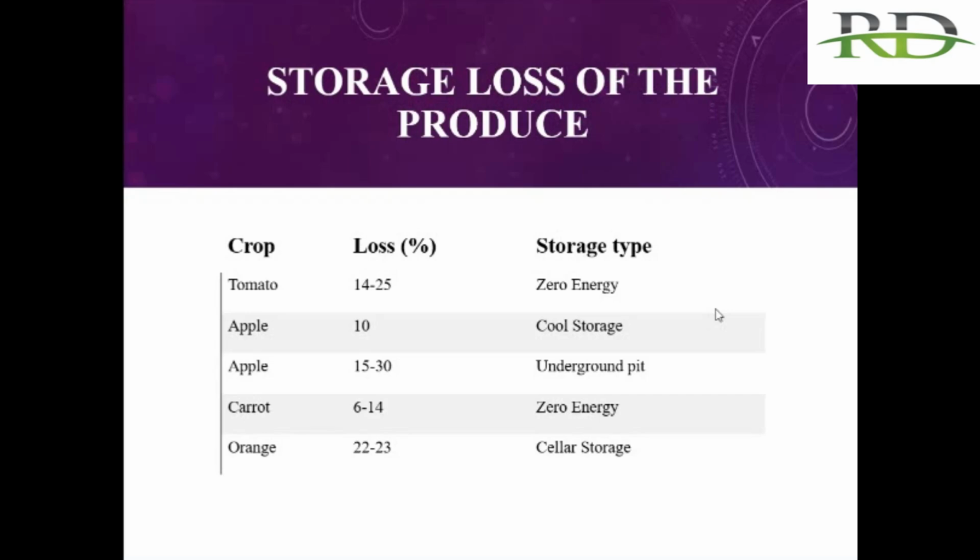Underground pit, an indigenous method of storage, has 15 to 30% loss. Carrot in a zero energy chamber also suffers losses of 6 to 14%. Root cellar storage is a kind of underground chamber with only a window and a very clean basement area beneath the building. It also suffers loss.